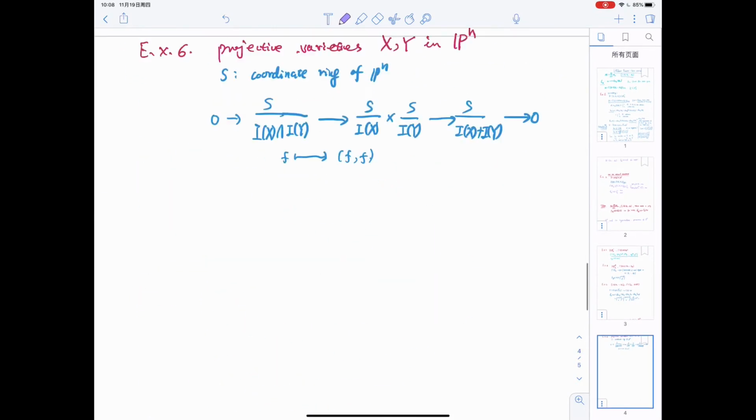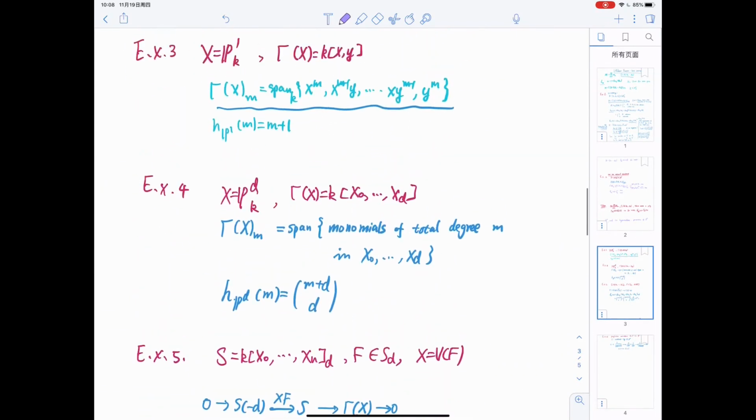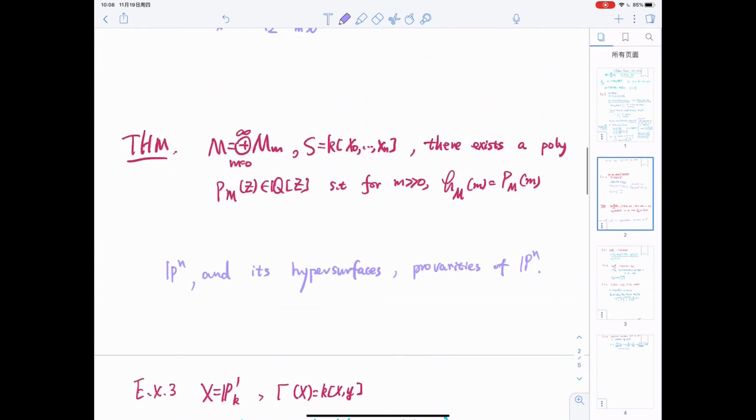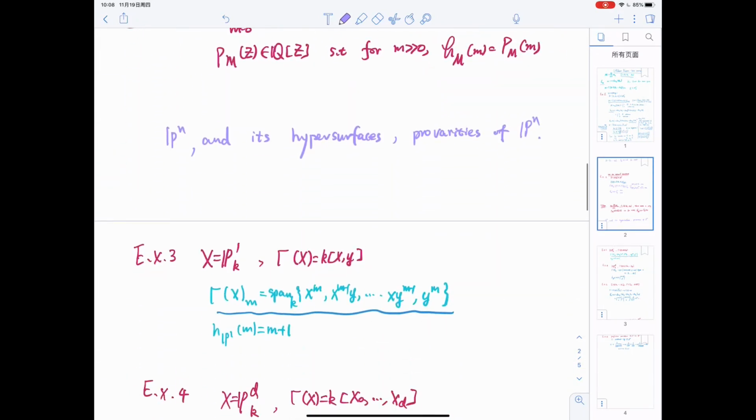Then the graded piece Gamma(X)_m is spanned by the monomials x^m, x^(m-1)y, up to y^m. So the Hilbert function at m is m plus 1, which is exactly a polynomial in m.